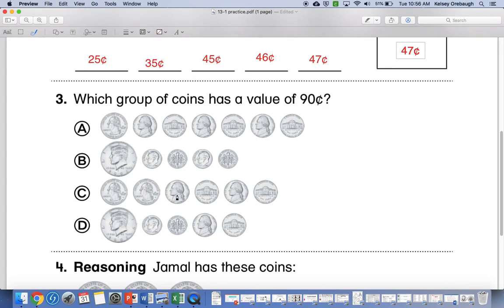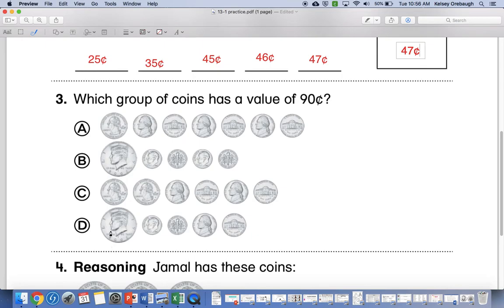Plus 5 more, 55. Plus 5 more, 60. Plus 5 more, 65. Plus 5 more, 70. 70 cents is not 90 cents. C is not correct. And D.